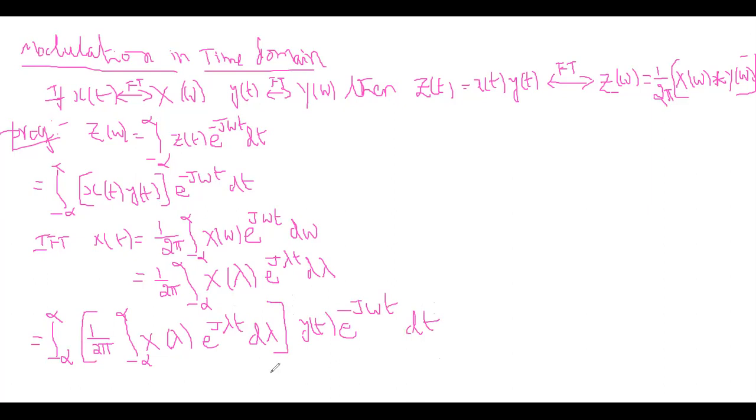Okay, now rewrite this function. 1 by 2 pi is a constant.